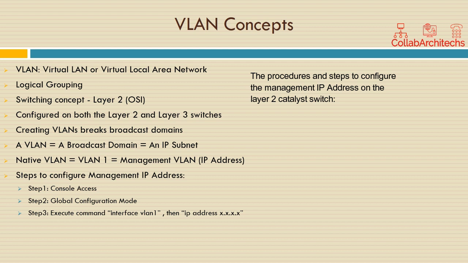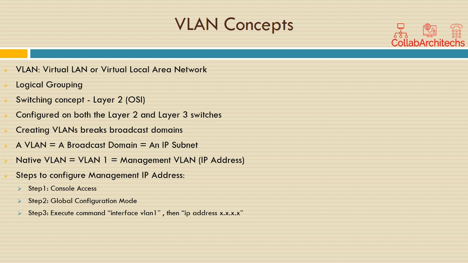Now let's see the procedure and steps to configure the management IP address on the layer 2 catalyst switch. In this case, first we need to access the switch via console because it's a new switch with no IP address on the management interface.